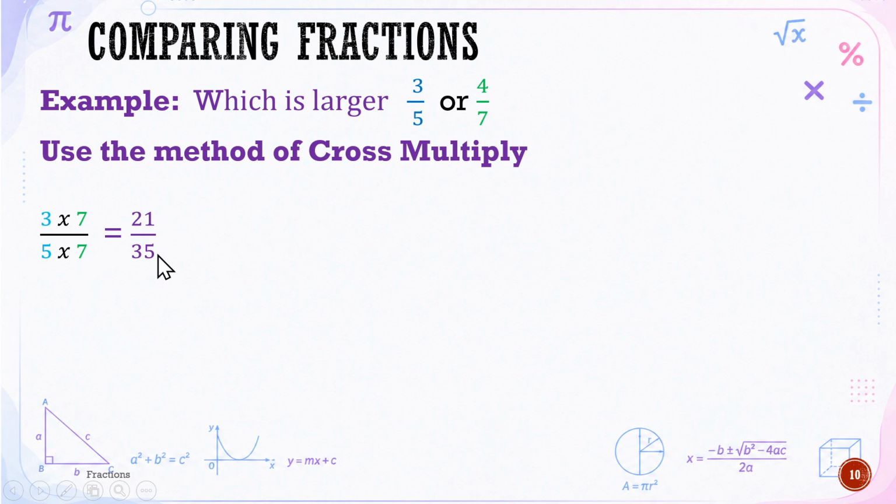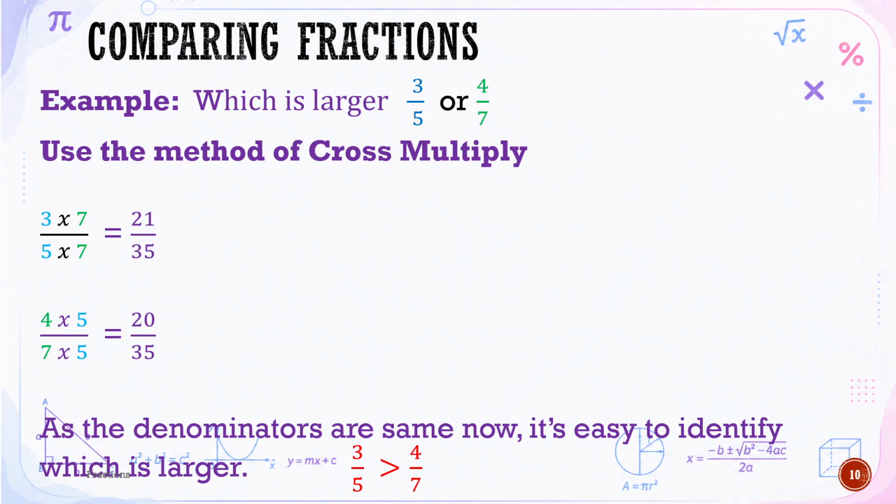And we would multiply the second fraction, 4 by 7, by the denominator of the first one, that is 5. So 4 by 7 multiplied by 5, both denominator and numerator, we are going to get 20 by 35. As the denominators are the same now, that is 35, it is very easy to identify which numerator is larger.